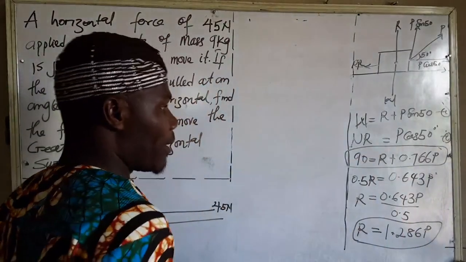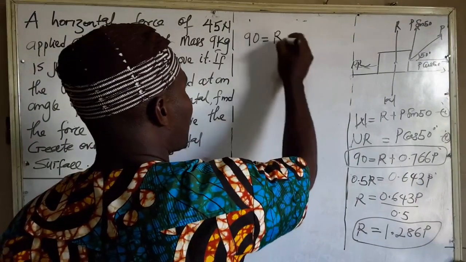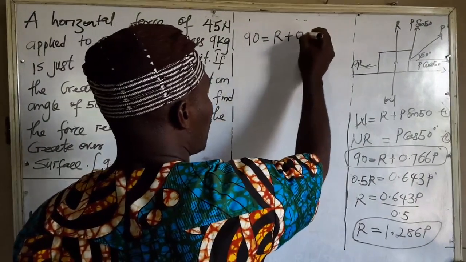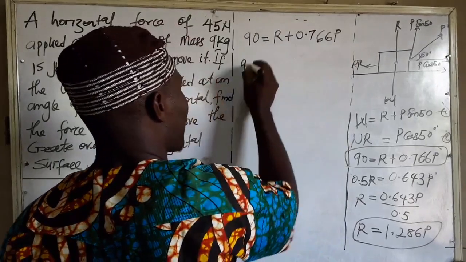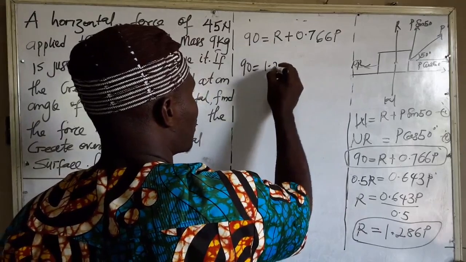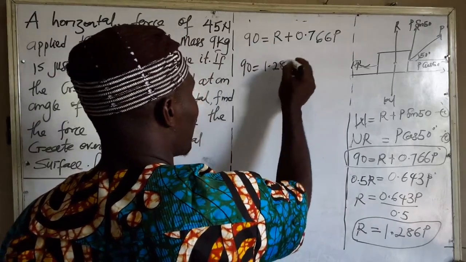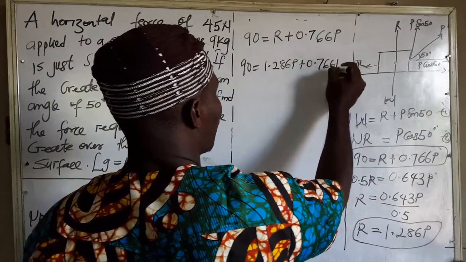We have 90 is equal to R plus 0.766 of P, and recall that your reaction is 1.286 of P, so 90 equals 1.286 of P plus 0.766 of P.